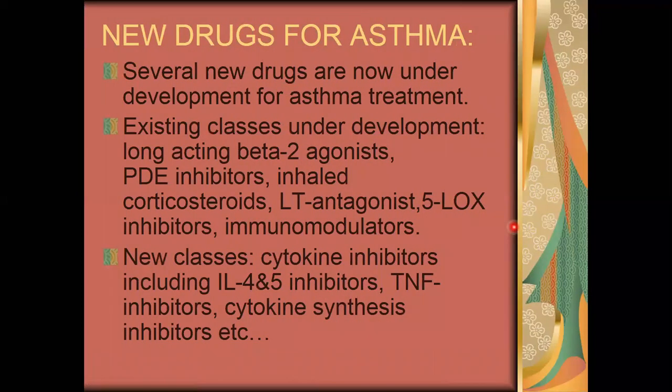There are several drugs which are under development for the treatment of asthma, in both existing classes and newer classes. In the existing classes, long-acting beta-2 agonists, phosphodiesterase inhibitors, inhaled corticosteroids, leukotriene antagonists, 5-lipoxygenase inhibitors, and immunomodulators are under development.